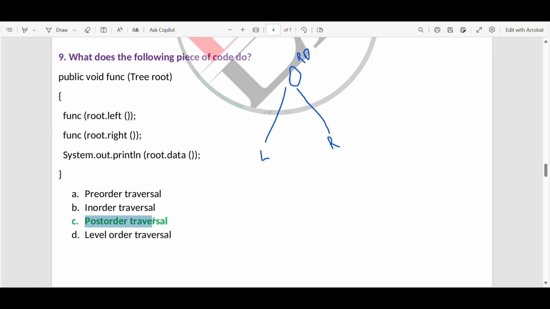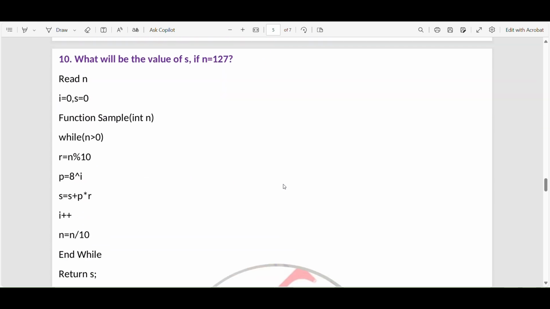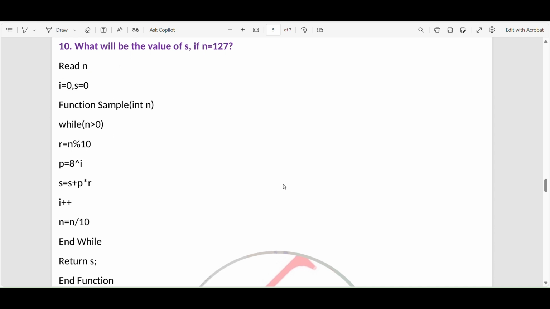So this refers to post order traversal. Okay. So you will be learning this in your BTech regular syllabus. So if not, you can learn here also. So this is called post order traversal. So this is the ninth question, and next question we are having the 10th one.